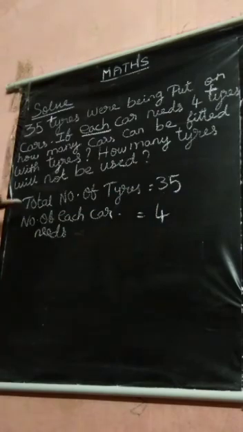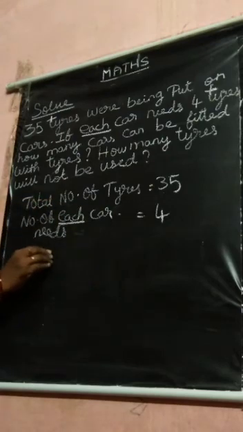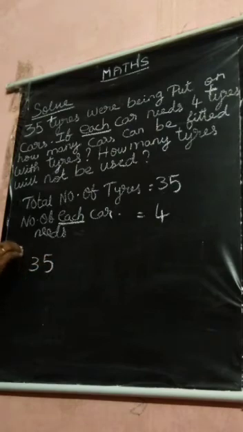The total number of tires is given. The number each car needs is given. So you are going to do the division. The total number is given, and "each" is given, which means you are going to do the division.